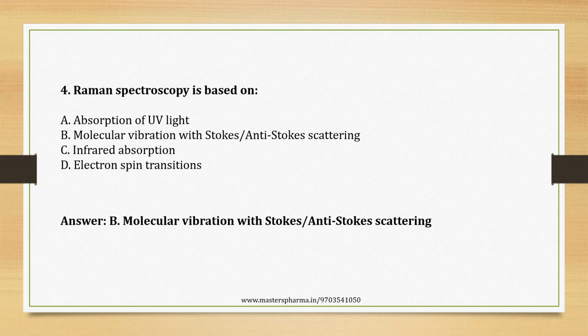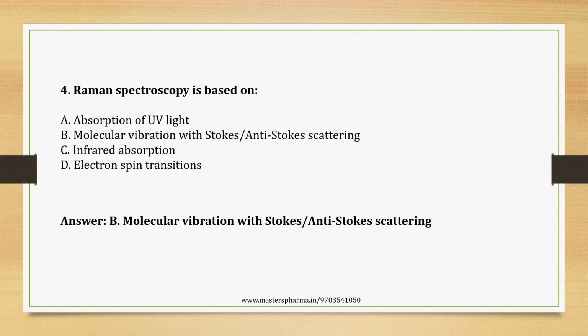Raman spectroscopy works on the principle of inelastic scattering of monochromatic light, usually laser light. When light interacts with a molecule, most photons undergo Rayleigh scattering. Sometimes the energy changes. Stokes lines mean the photon loses energy. Anti-Stokes lines mean the photon gains energy. This shift corresponds to molecular vibration and energy level.